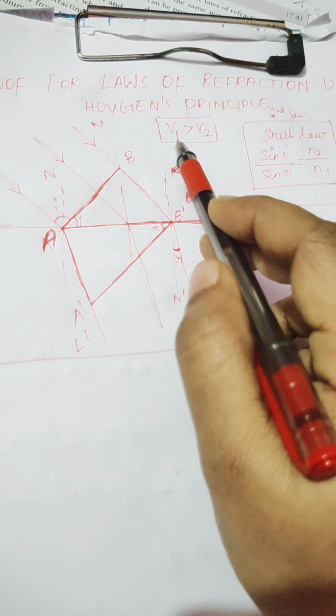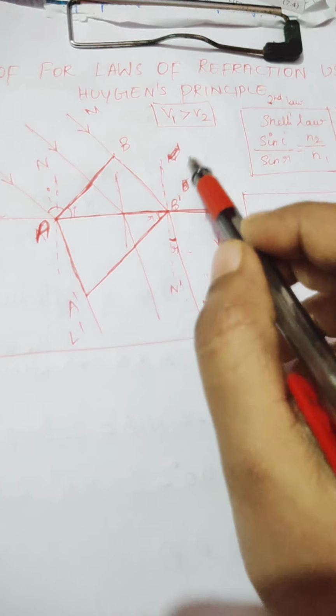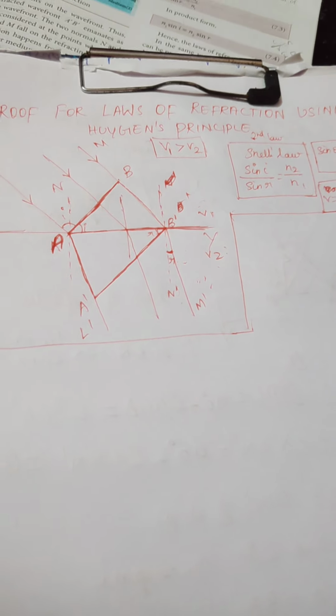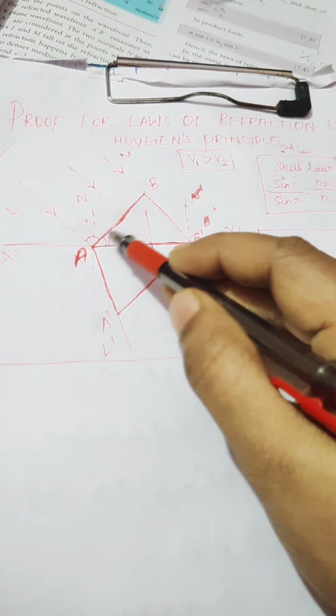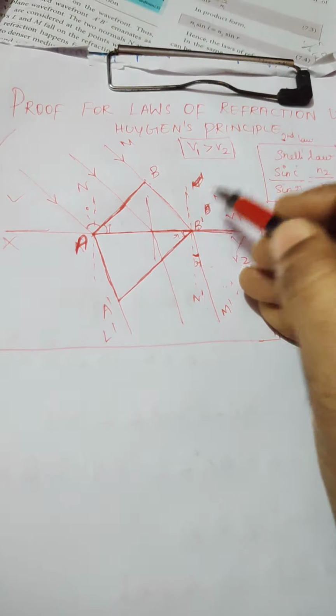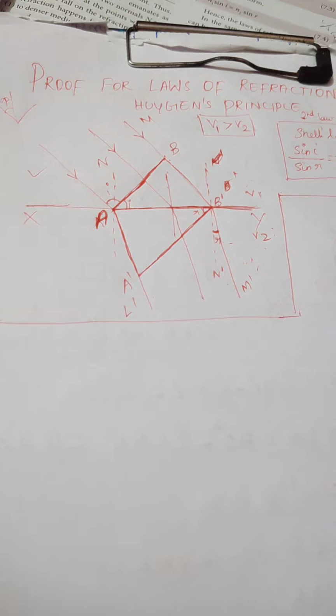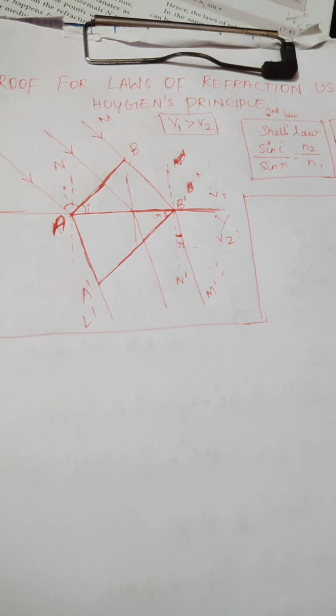So always V1 is greater than V2 for rarer to denser medium. Note this down. Clear? This incident ray is perpendicular to B B dash, and this refracted ray is perpendicular to A A dash. Hope you don't have any doubt in this.